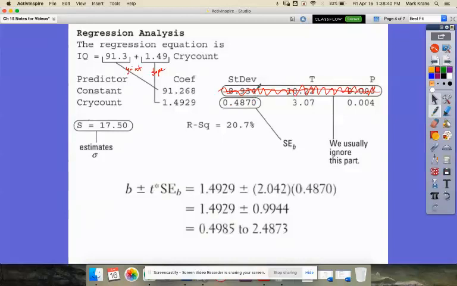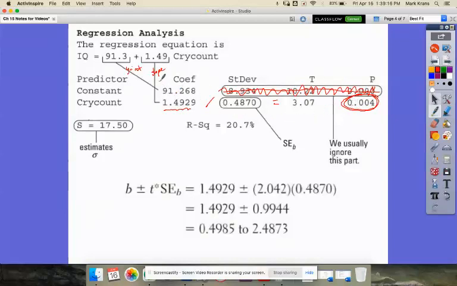And we get a test statistic literally by doing this slope divided by this standard deviation. This divided by this equals that. That's my test statistic. And this p-value is the probability that I would have a slope like this or greater when there's really no slope. We're going to get to that p-value when we do a test.